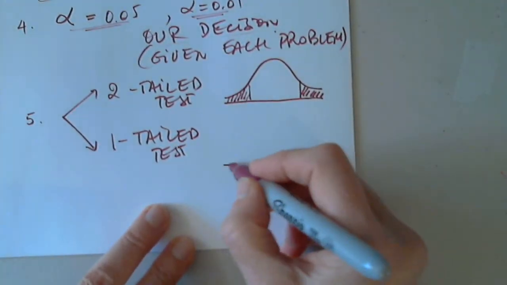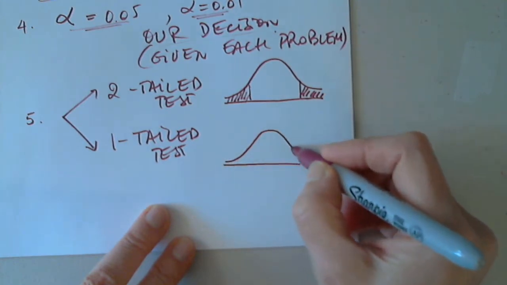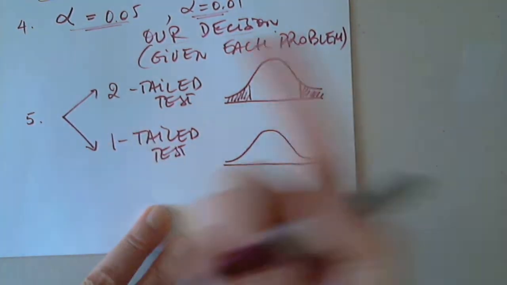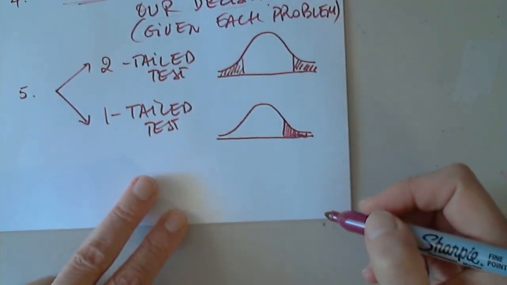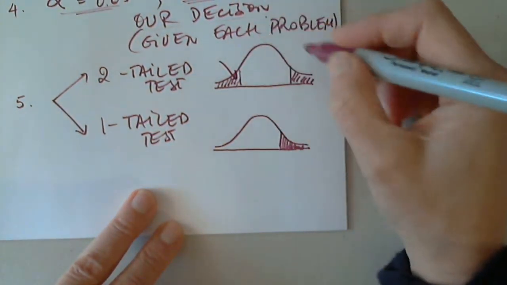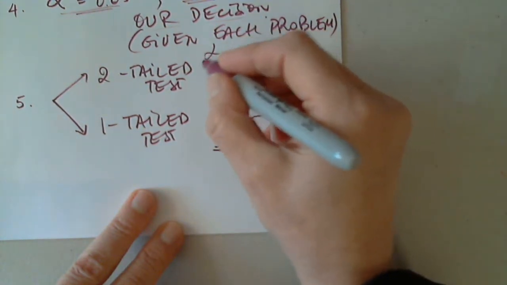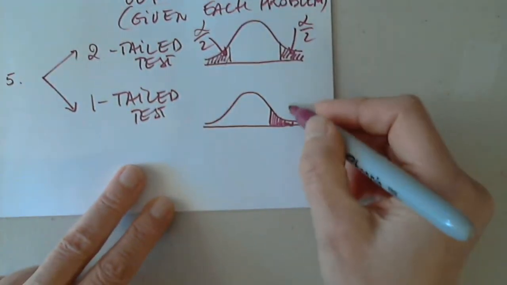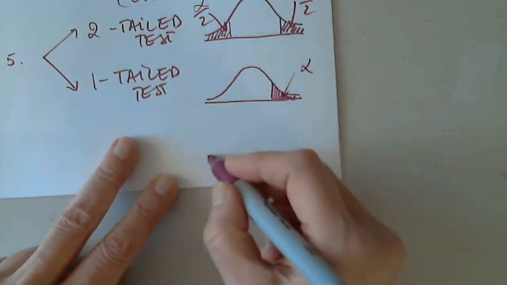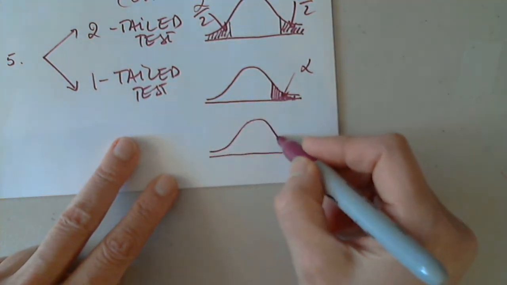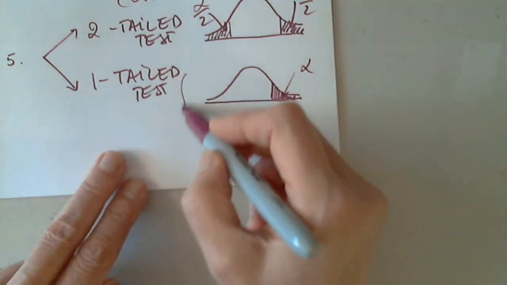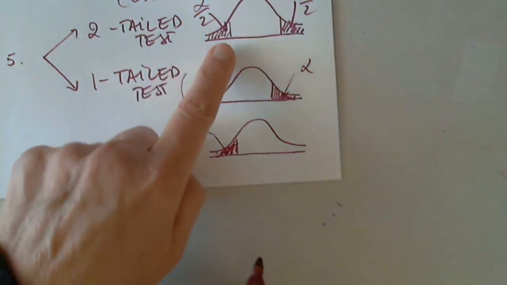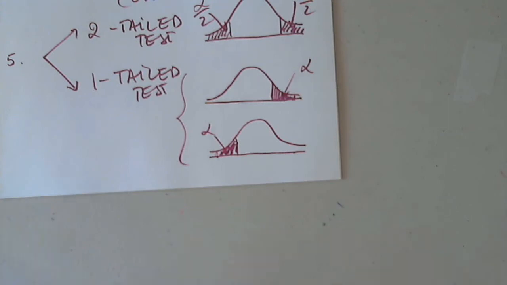If it's a one-tailed test, we will not divide alpha into 2 equal parts. If it's to the right, then I will have the entire alpha here. This is alpha over 2, this is alpha over 2. If it's the other side, I will have alpha there. These are the 2 possibilities for a one-tailed test, and this is the only possibility for a two-tailed test.